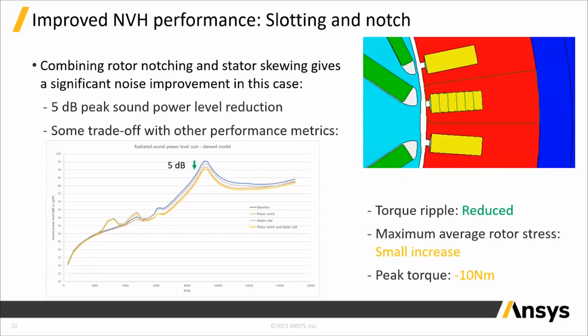So combining the different geometric changes, we can achieve around a 5 dB reduction in the predicted sound power level. Of course, there's some trade-off with the other metrics, as what we're doing is affecting the effective air gap size. But really, this emphasizes why it's so important to consider the MVH in the initial optimization and design trade-off, as there are strong interactions between the design for MVH and other performance metrics.